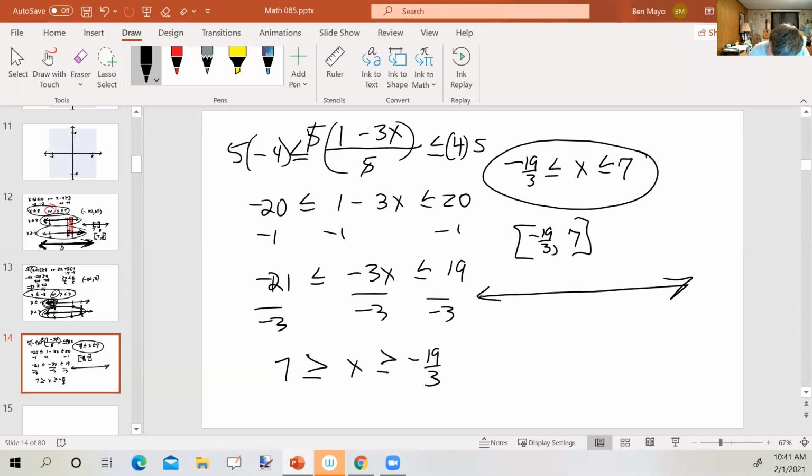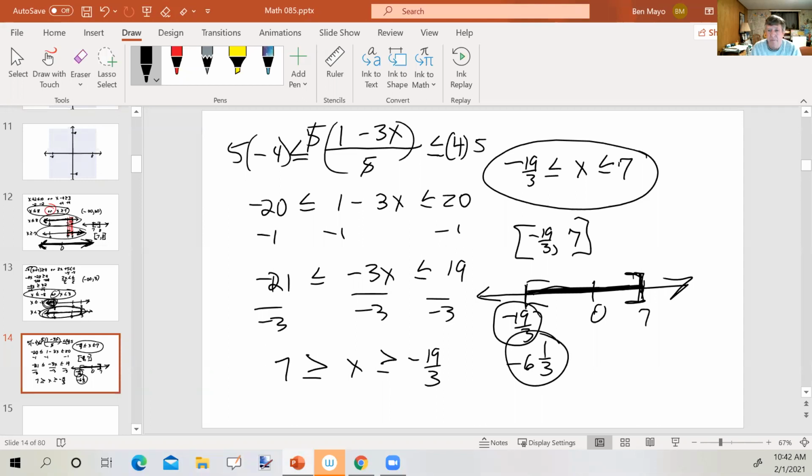So 7 bracket at 7, negative 19/3 bracket. So it's solid between negative 19/3 and 7. But graphing that in WebAssign, negative 19/3, if we change that into a mixed number, it would be negative 6 1/3. Is everybody okay with how I got from there to there?